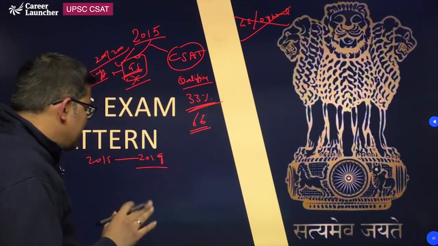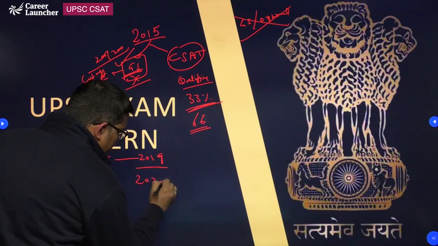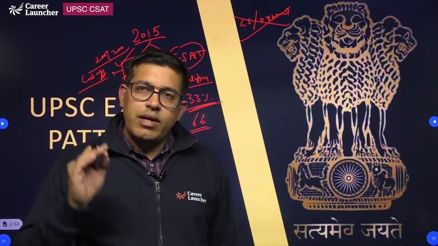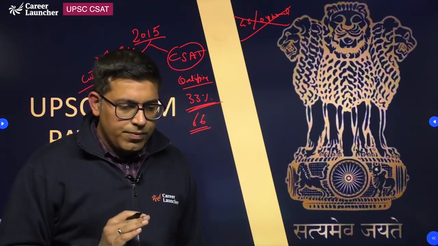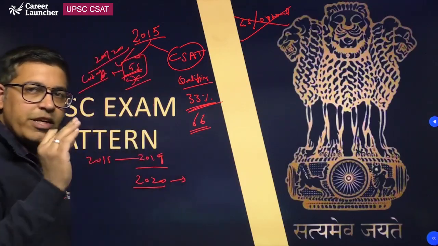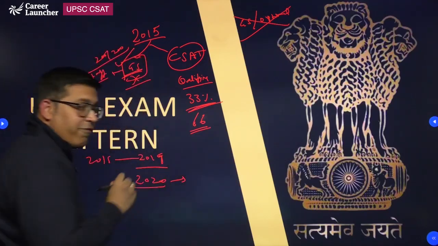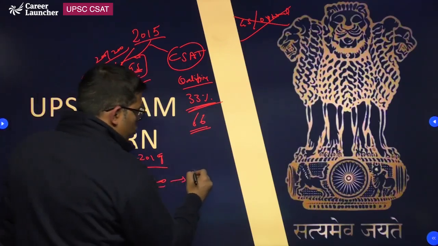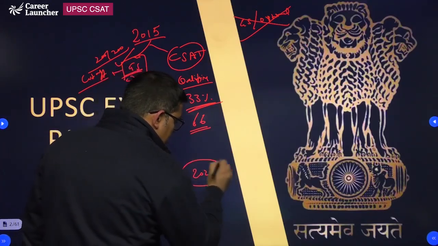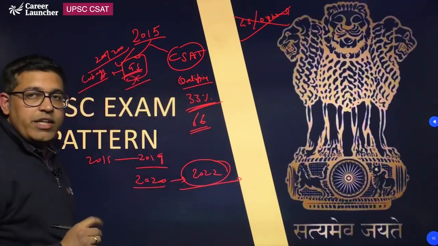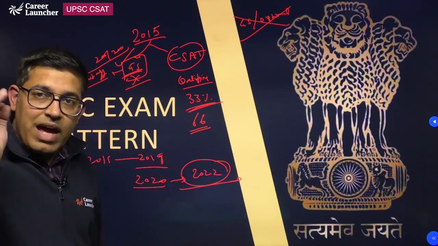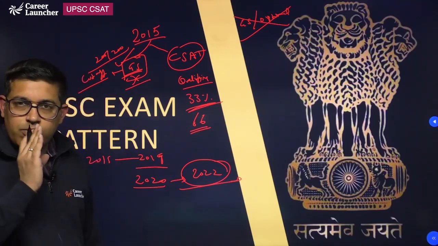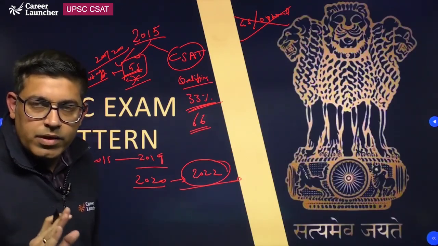Then suddenly from 2020, UPSC started dramatically increasing the difficulty level of the examination. From 2020 UPSC suddenly began increasing the difficulty level a lot. If you have seen the 2022 CSAT paper, when I actually saw it in 2022, I thought you can't have a more difficult paper than this.